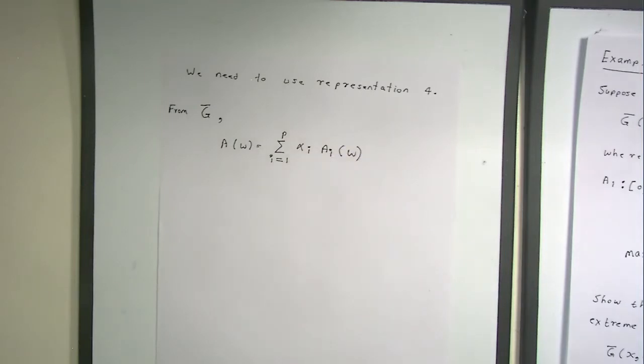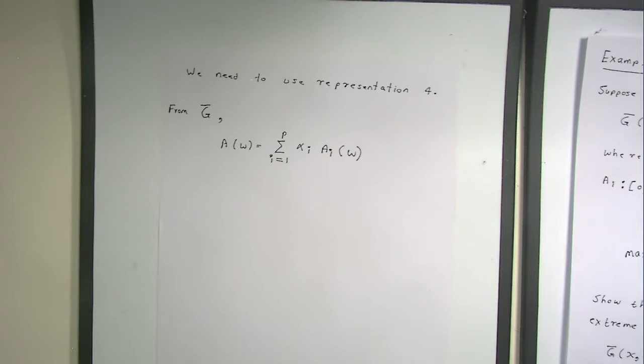Can you see that, guys? This is the formula for g bar. Can you see that a of omega must be the sum of alpha I ai omega? You guys there? Yes? Okay, good. So what we need to show is that a of omega satisfies the 4 properties.